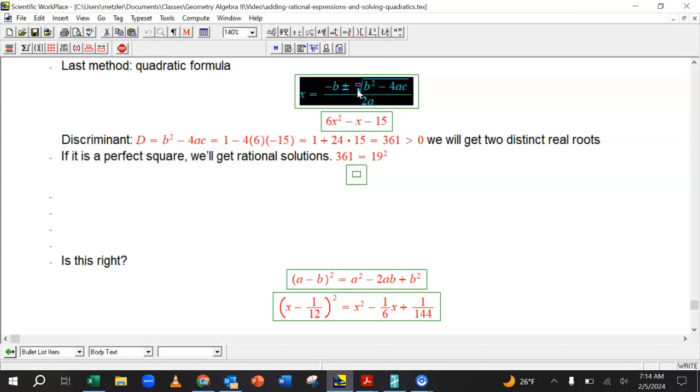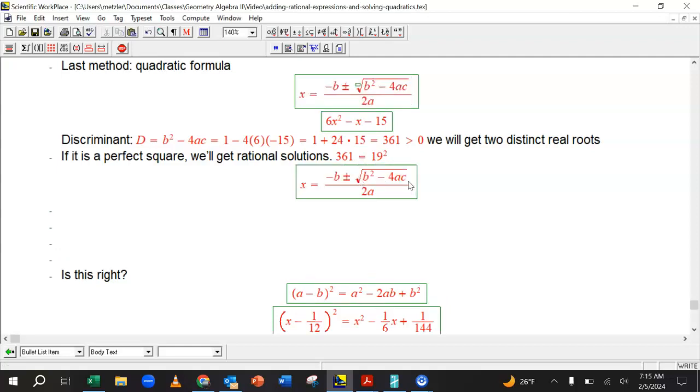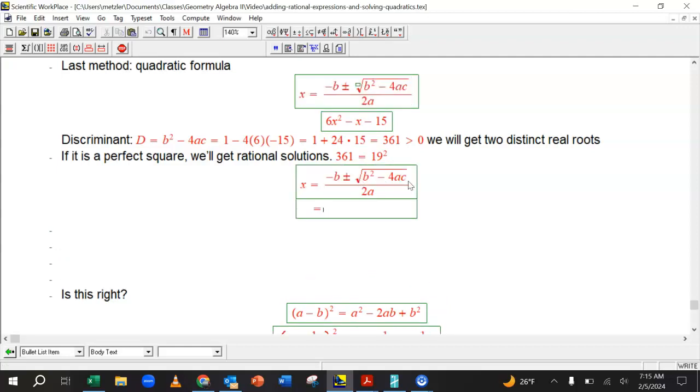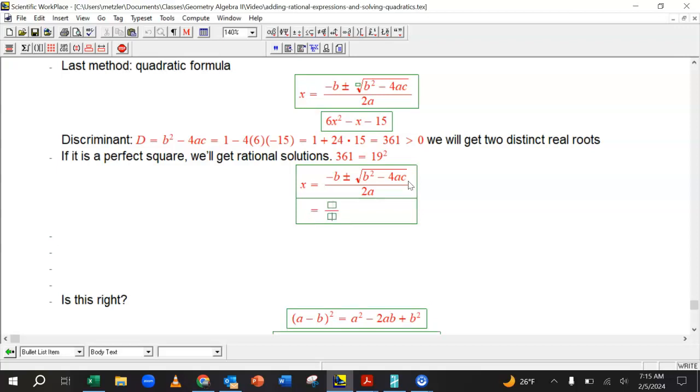Okay, so now let's just plug in the whole thing. I think we'll practice focusing on the discriminant at least a little bit, because it's so useful. So 2a is 12. Oh, look, there's that 12 denominator we got from completing the square. Minus b, because b is minus 1 here, that's a plus 1.